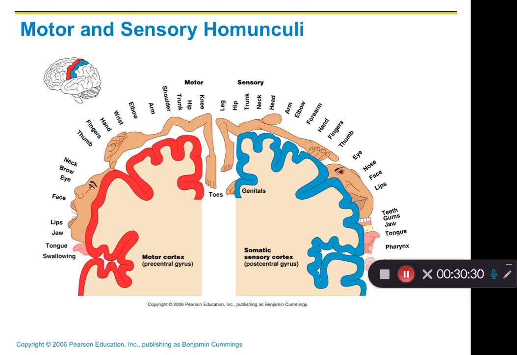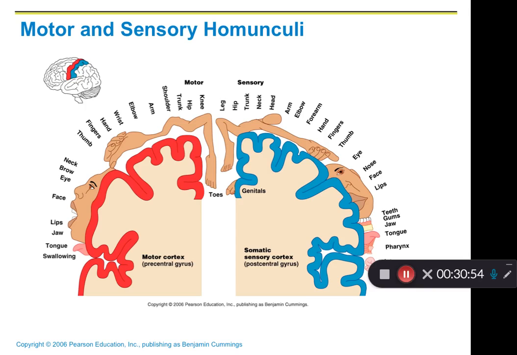That's because the tongue is very important in speech. The tongue has a very important role for speech, so it needs more neurons to innervate and regulate it.